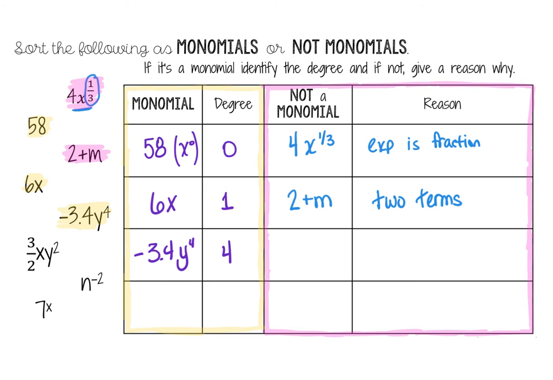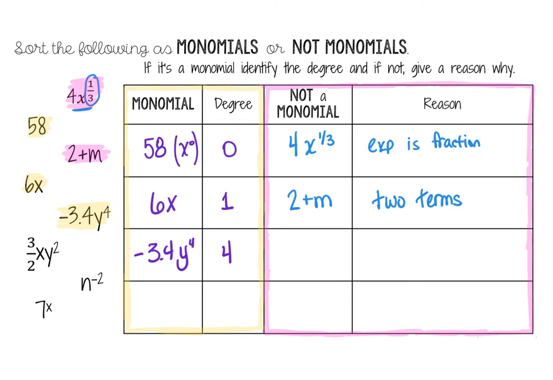All right, let's look at my next one. 3/2 xy squared. Is that a monomial? I didn't say there couldn't be a fraction. I said there couldn't be a fraction in the exponent. Is there a fraction in the exponent? No, my coefficient is a fraction. That's perfectly fine. The coefficient is the number in front. The exponent is the little tiny number up at top.